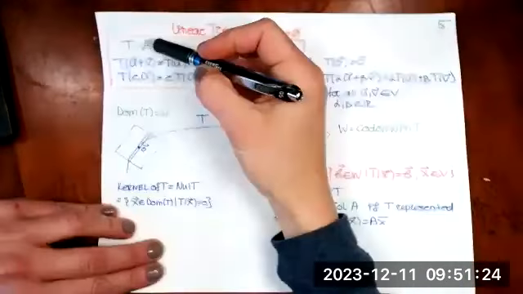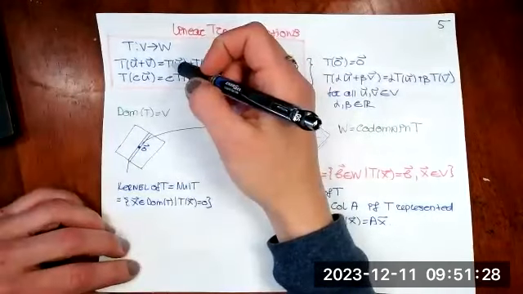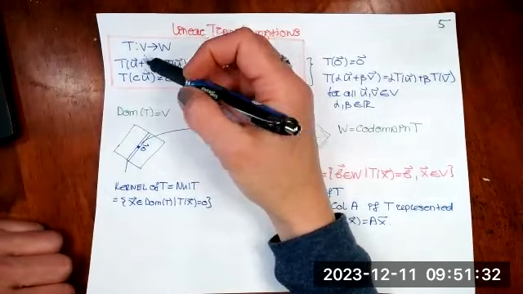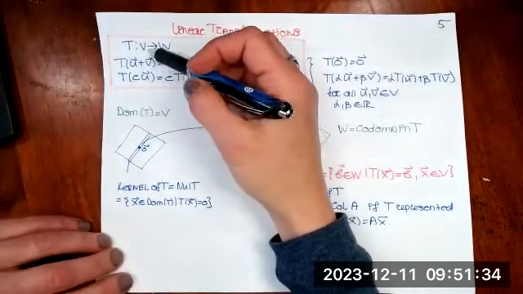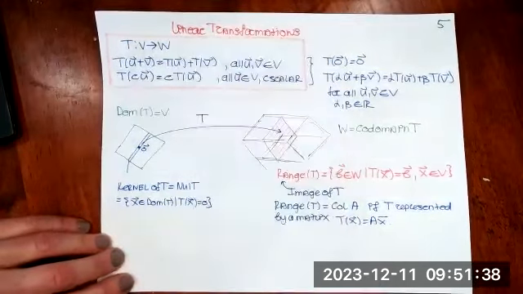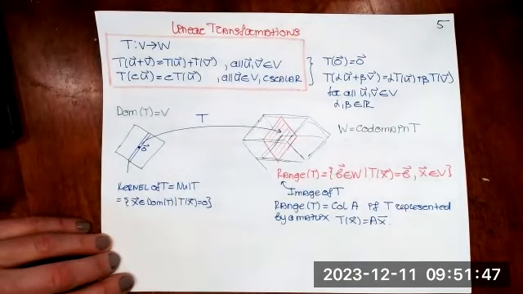If you had an infinite dimensional vector space V, you can't write it down in terms of an n by n matrix. For matrices, you need to be operating from a finite dimensional vector space to a finite dimensional vector space, and then you can rewrite your transformation in terms of the matrix representation.